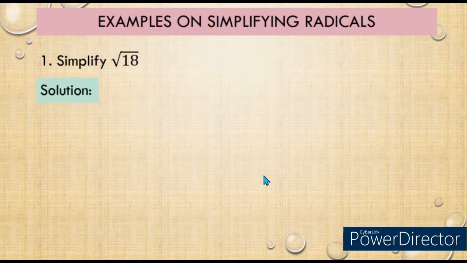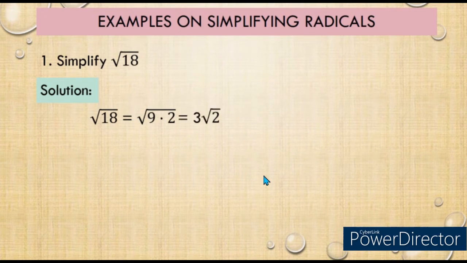Okay, so here is the solution on how to simplify square root of 18. So the factor of square root of 18 is square root of 9 times 2, since 9 here is a perfect square. So square root of 9 is equal to 3. So ilalabas na po natin siya. So we have the final answer, 3 square root of 2.